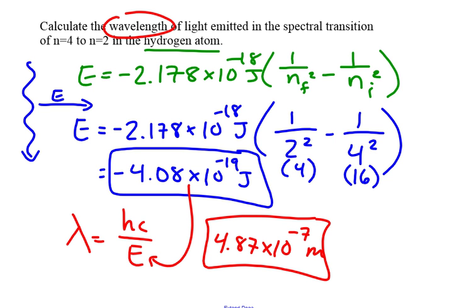A wavelength is never negative. Sign is just direction. Energy is in or out, but that out is the photon coming off from that electron falling. So it doesn't matter. It doesn't care that the electron lost it. It belongs to that photon. So you would never do a negative wavelength. You would never do a negative frequency. You'd be like, yeah, but it was negative.